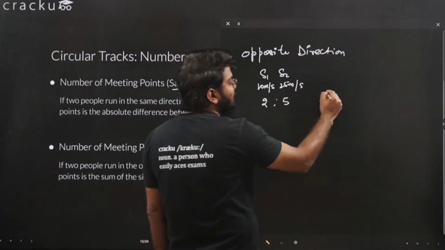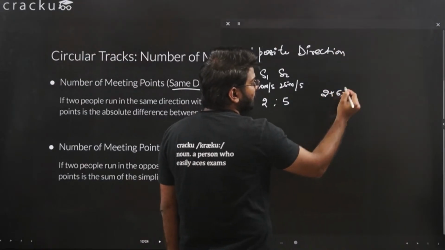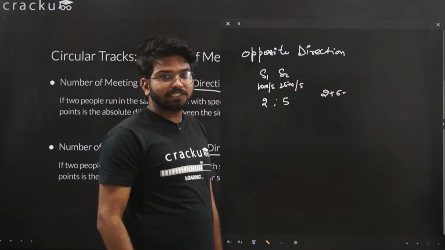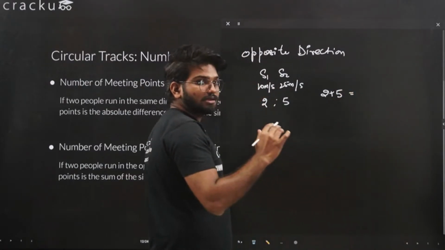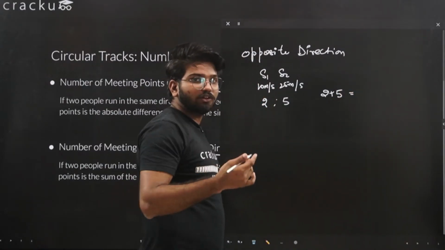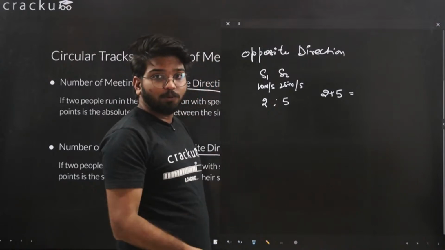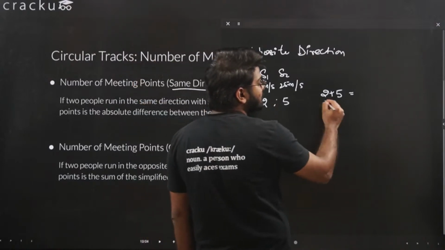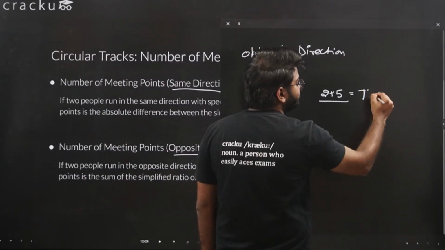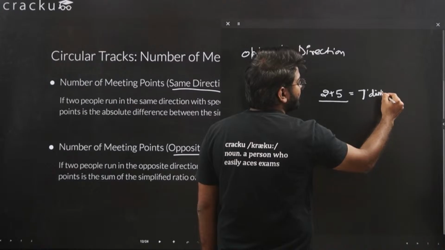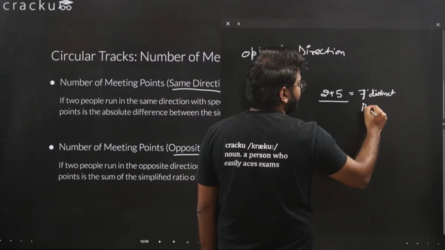They will meet at 2 plus 5. So when they are moving in the same direction, you need to calculate the difference. When they are moving in the opposite direction, you need to find the sum. So at 7 distinct points, they will meet on the track.